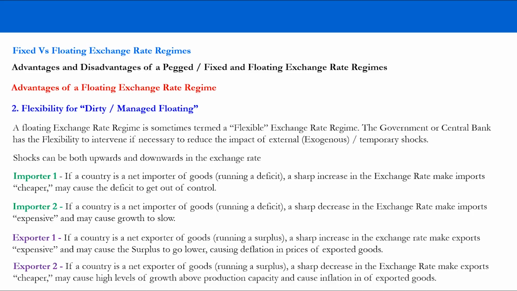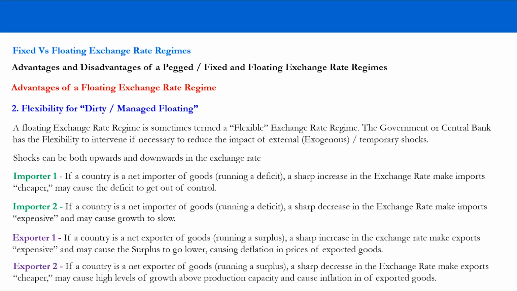Obviously, that's not good for exporters. If you're an exporter running a surplus and you get a decrease in the exchange rate, this can make exports cheaper and can cause much higher levels of growth above your production capacity as a nation. And this can cause inflation in your exported goods. And inflation can be a bad thing as well.